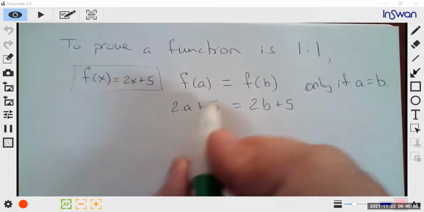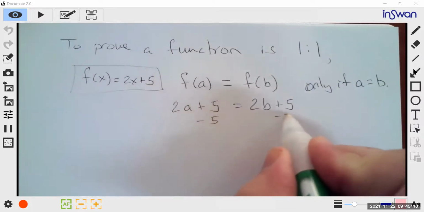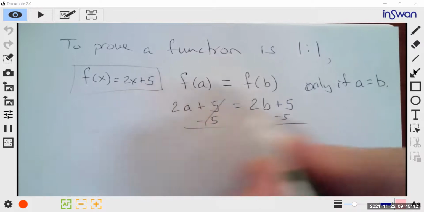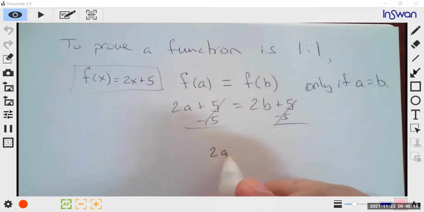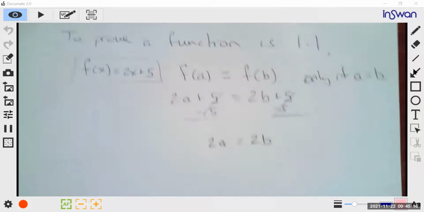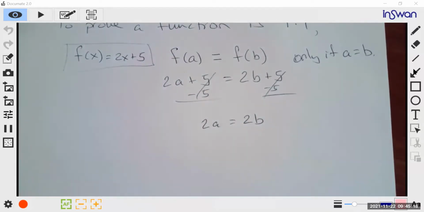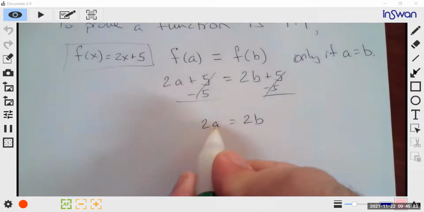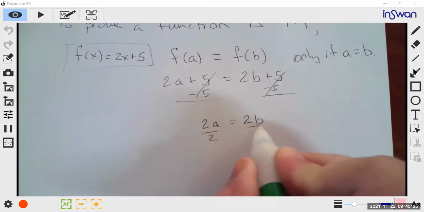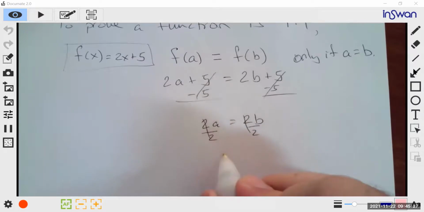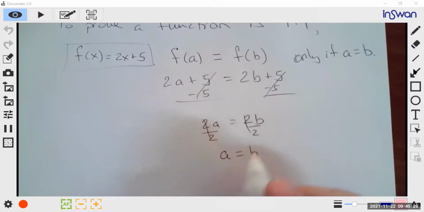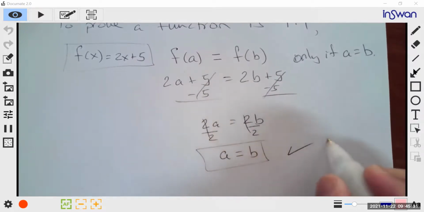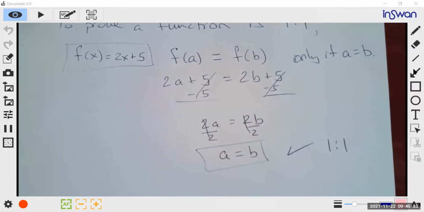Solve for the letters. We subtract 5 from both sides. We have 2a equals 2b. To get a by itself, we divide by 2 on both sides. That's how you prove one-to-oneness.